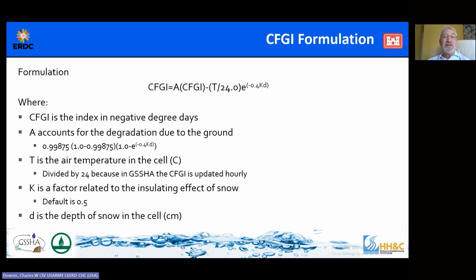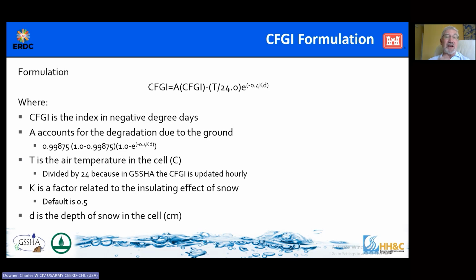There's the formulation, and CFGI is the continuous frozen ground index. It's an index in negative degree days, so you're kind of adding up the days below zero, and when you hit a threshold, you'll freeze the ground. So it accounts for degradation to the ground, which is important.